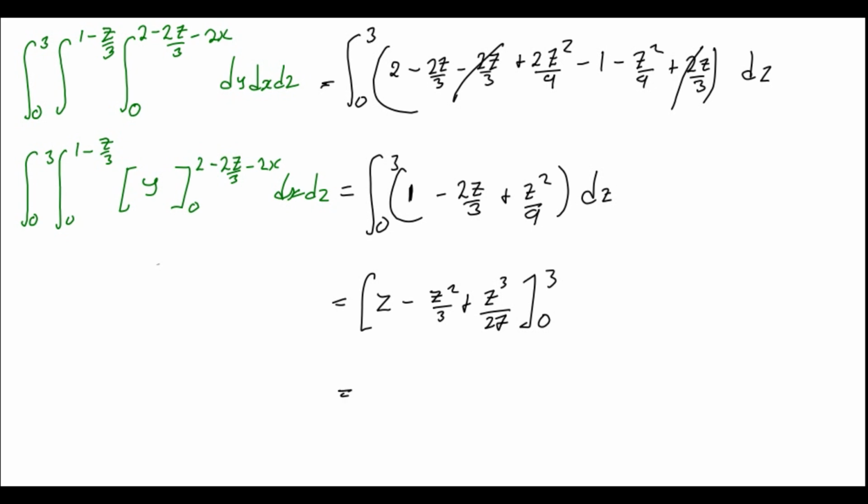So the lower limit gives us 0. Then this one will say 3 minus, then you have 3 squared over 3, which is actually a 3. We have a 3 here. Then plus, if you put a 3 here, what is that going to be?